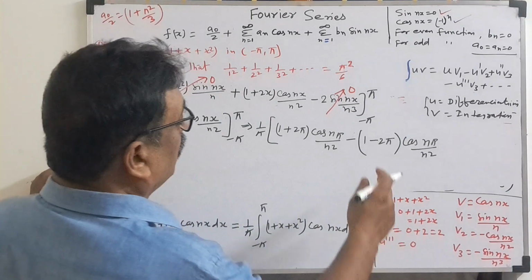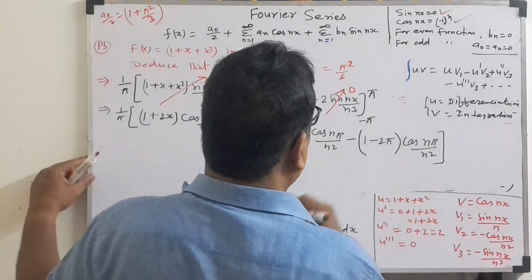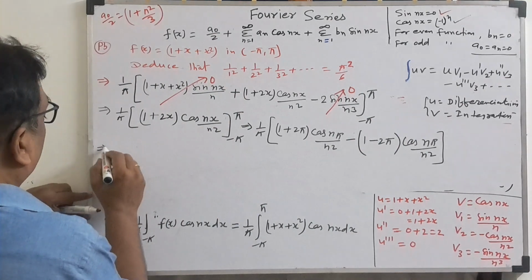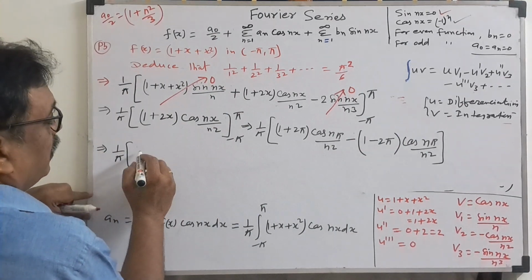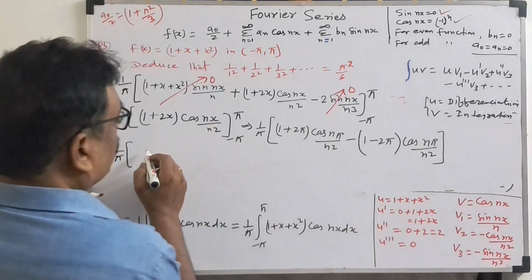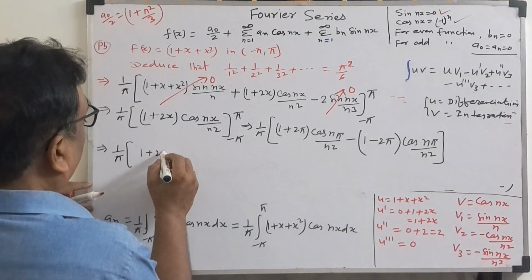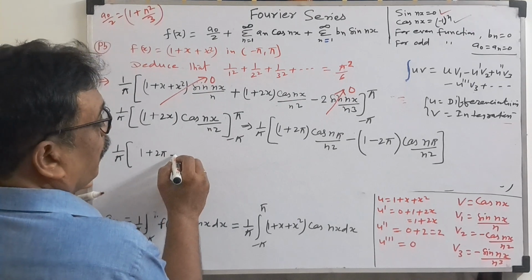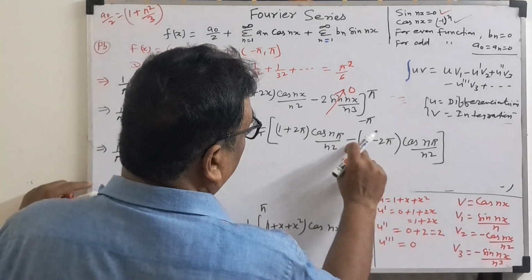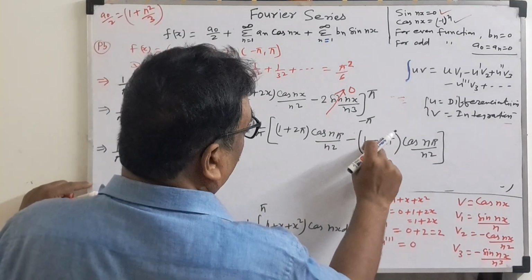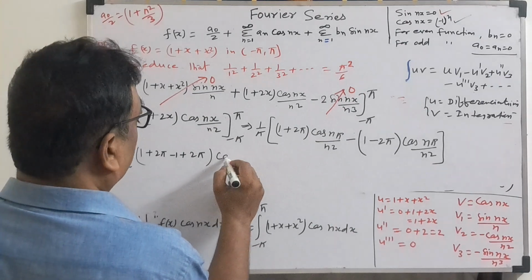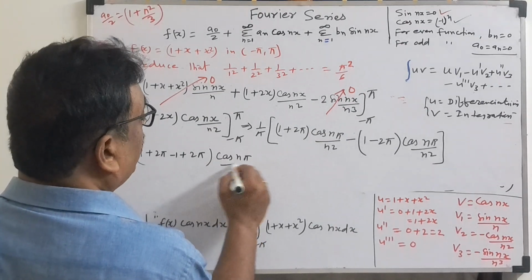Okay, so now we know this. Close the bracket. Now just solve it. 1 by pi, take cos n pi by n square common. What will be there? (1 + 2 pi) minus (1 - 2 pi).